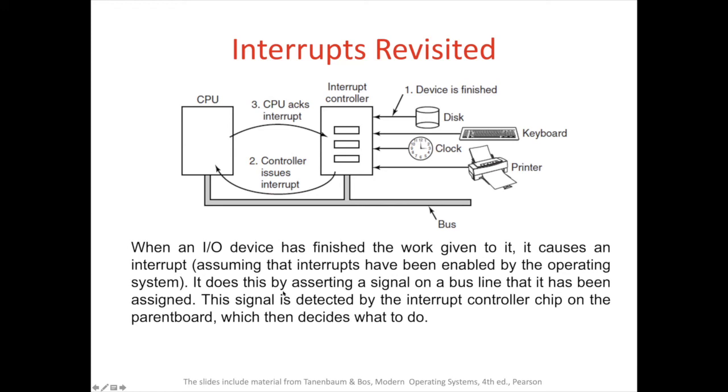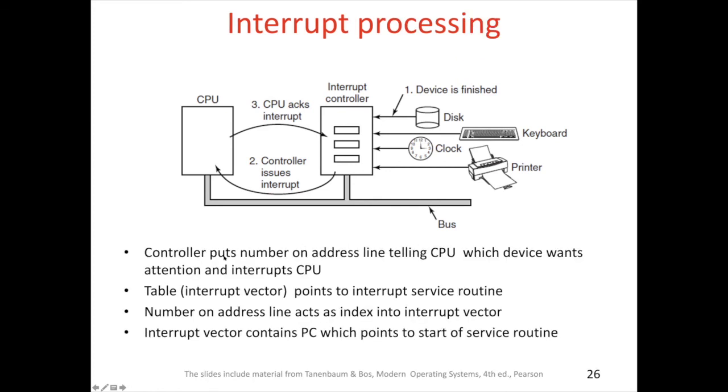It does this by asserting a signal on a bus line that it has been assigned. This signal is detected by the interrupt controller chip on the parent board, which then decides what to do. The interrupt controller puts a number on the address line telling the CPU which device wants attention and interrupts the CPU.